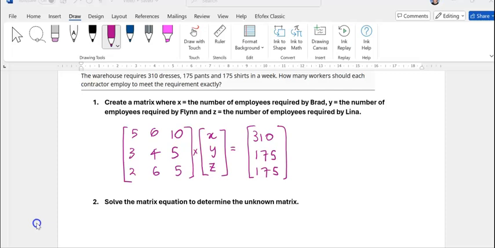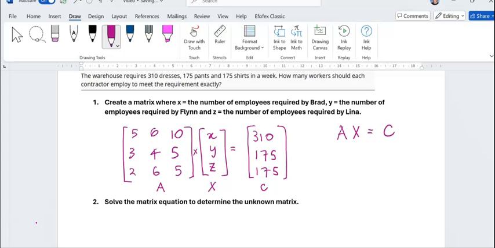So if we imagine the matrix they gave us was matrix A, and the unknown matrix I'm going to call matrix X, and the answer matrix I'm just going to call C. No particular reason why I've called them that, just that if I have an equation, matrix A multiplied by matrix X is equal to matrix C, it now looks like any other matrix equation that I have already solved previously.